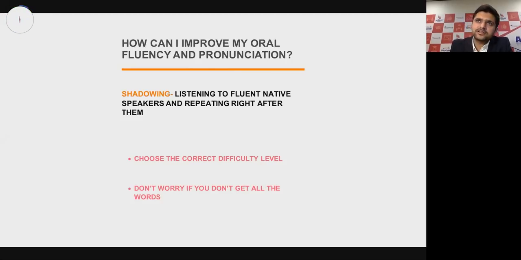So instead of focusing just on videos, I would suggest that you directly focus on audios, because when you're watching a video, just by looking at the speaker, just by observing his or her hand movements or body movements, your concentration is also divided towards that.